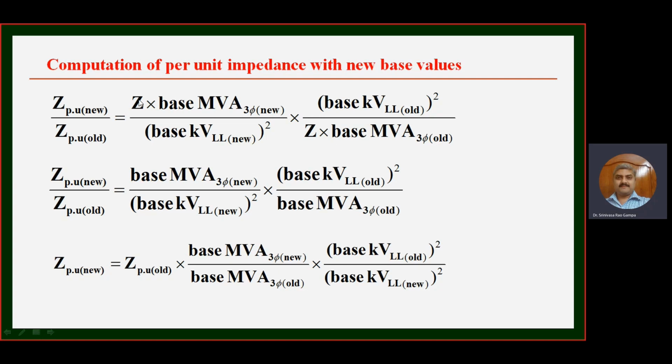Now this Z and this Z get cancelled. So Z per unit new is equal to Z per unit old into base MVA three-phase new by base MVA three-phase old, into base kV LL old whole square by base kV LL new whole square. In this way, we can convert the per unit impedance in one base to another base using this formula.